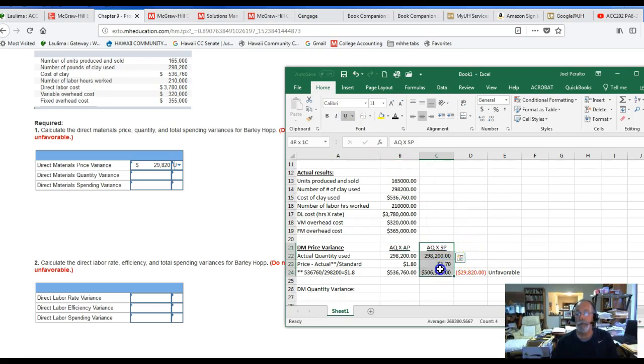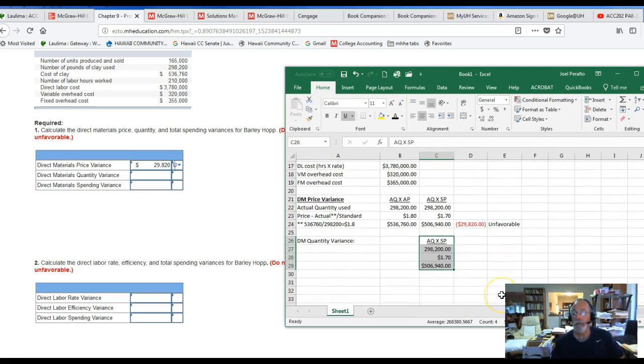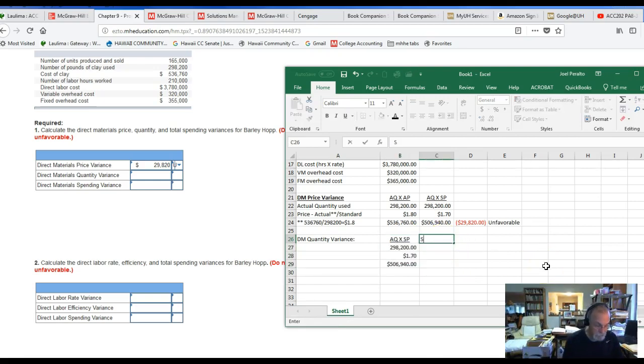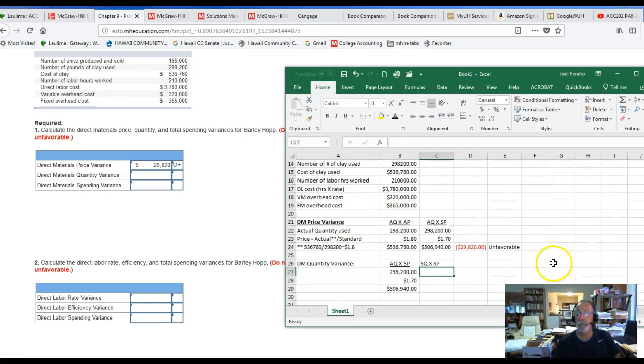So we can basically copy this actual quantity times standard price, and that is compared to standard quantity times standard price. I think we need to show this here as actual, because that's going to be compared to standard quantity times standard price.